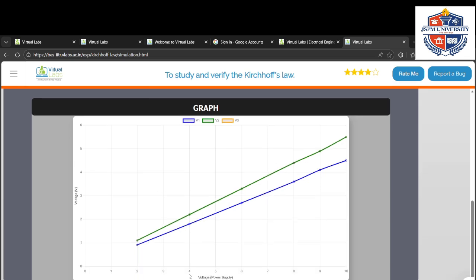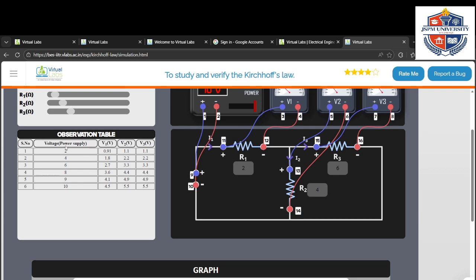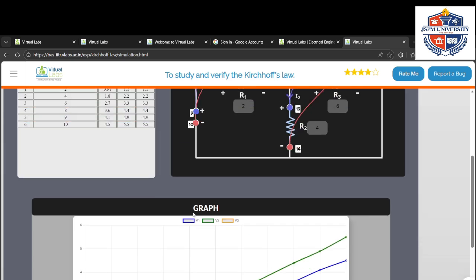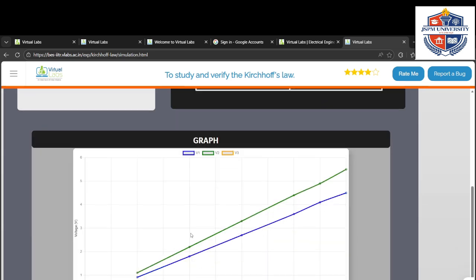So now if you see here, for example the supply voltage is 4 volt, therefore 1.8 and 2.2, the total will be 4 volt, right? So we can see 1.8 and 2.2 volt. Like that we can see the graph.